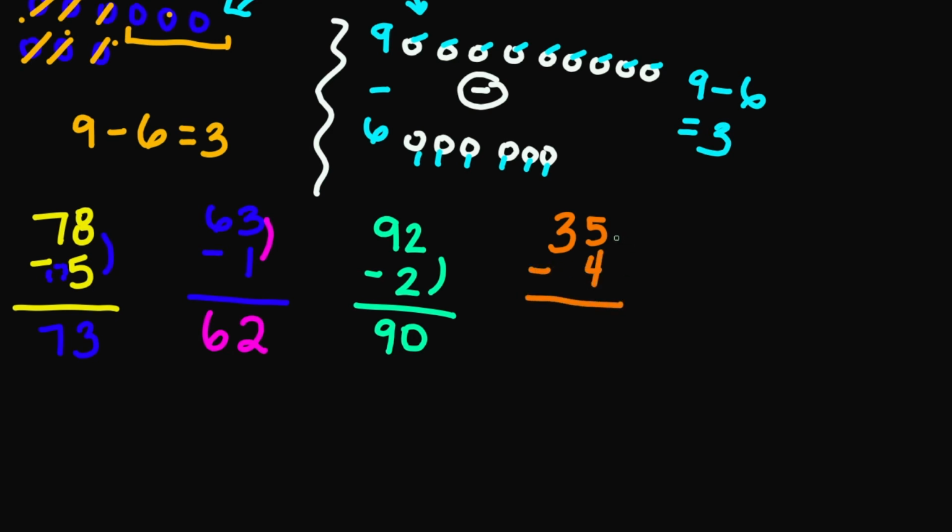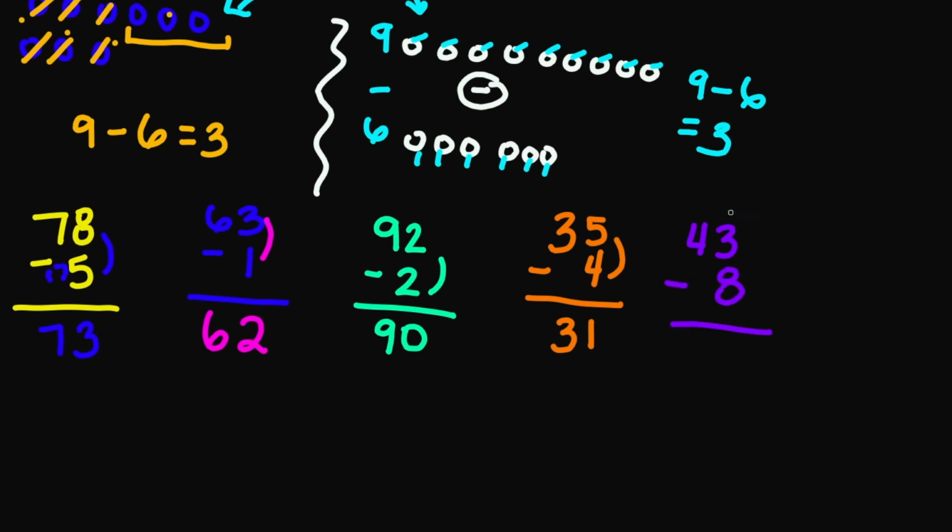Okay? Same thing here. 5 minus 4 is 1. 3 minus 0 is 3. So you have 35 marbles. You removed 4. You subtracted 4. You're left with 31.